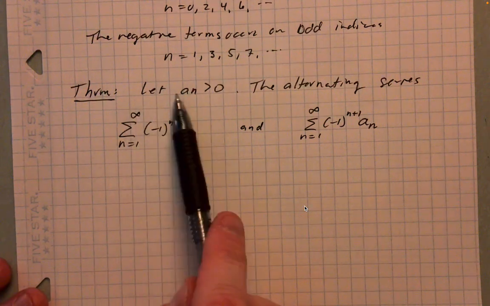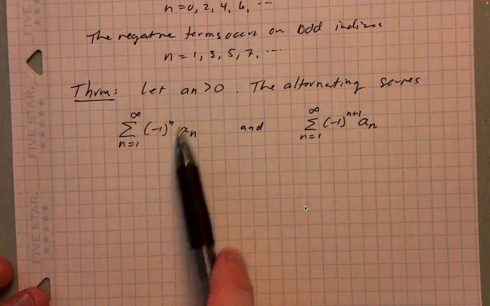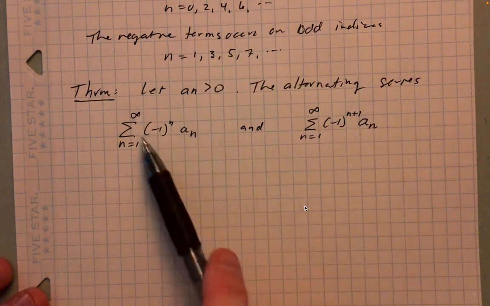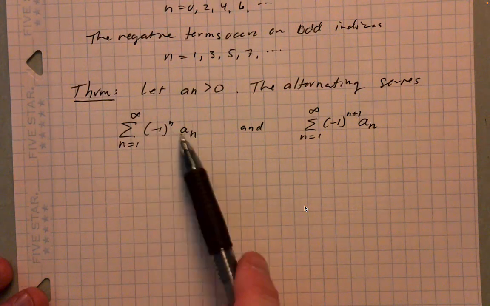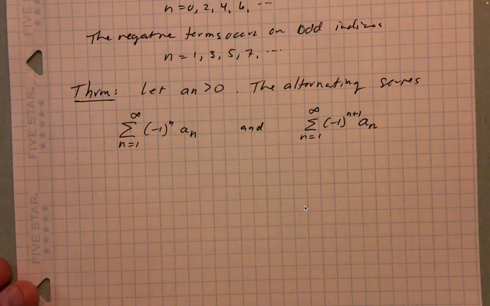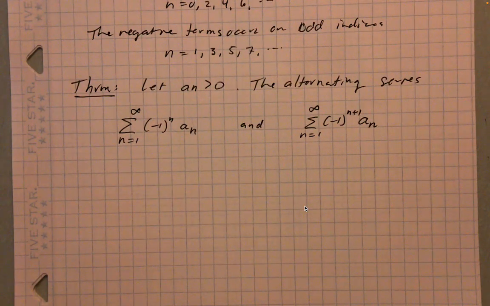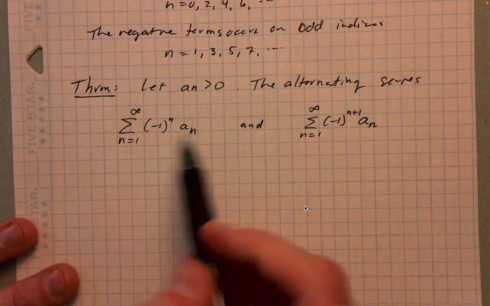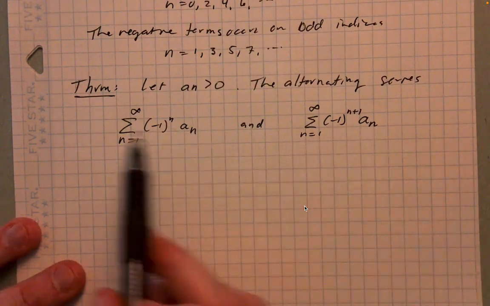Letting a sub n be a positive value means this piece is positive, and the negativeness when a term is negative comes wholly from this part here, the negative 1 to the nth power. If you think about it, you can always do this with a series: if a series term is negative, it is always possible to pull the negative 1 out of everything.